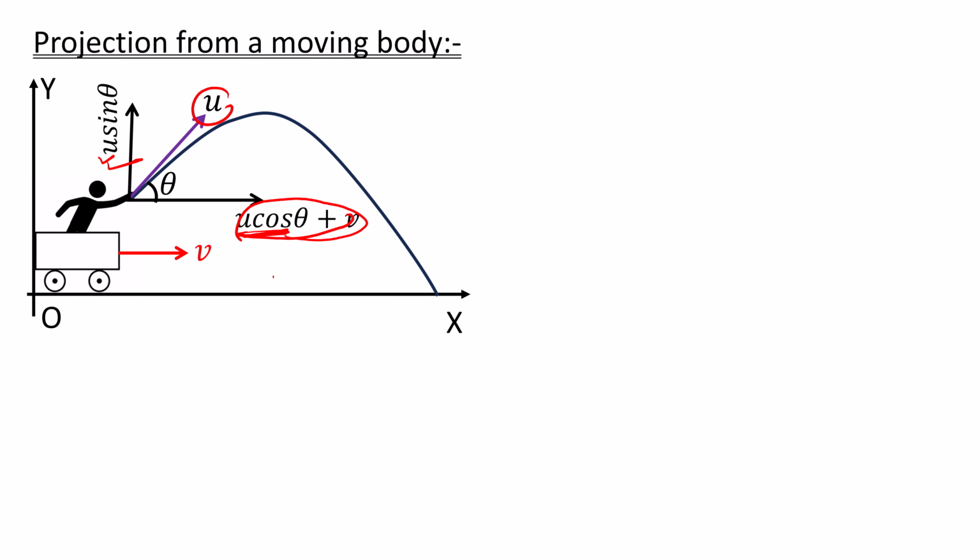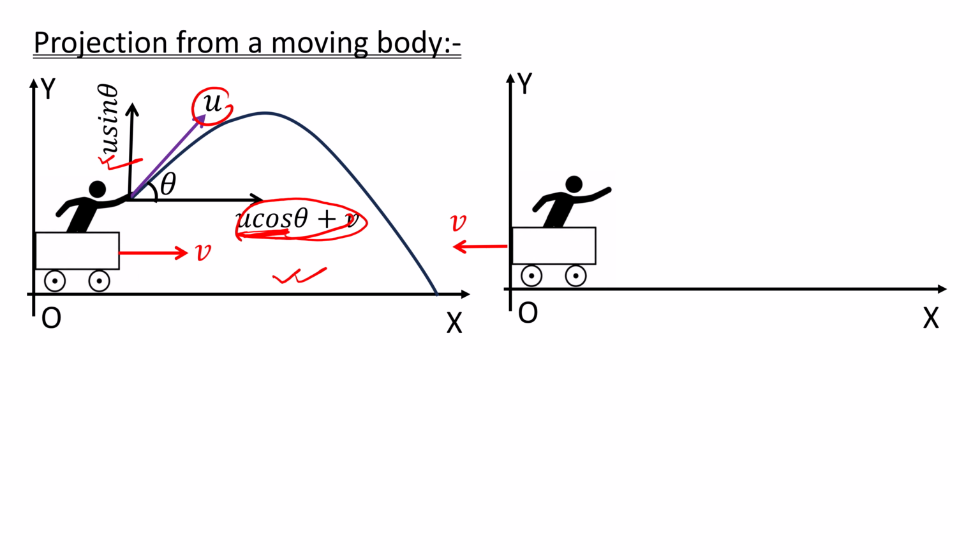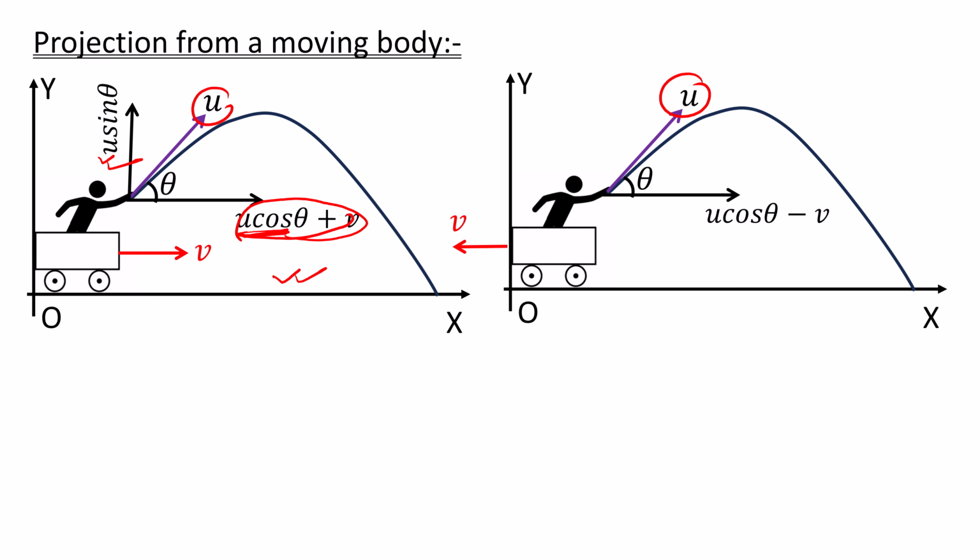We solve accordingly, applying the equations of motion as we discussed previously. Another case is where the trolley is moving in the opposite direction to that of the throw. The horizontal component is u cos theta for u, and minus v for the trolley. That's why the horizontal velocity for the projectile becomes u cos theta minus v, and the vertical velocity is u sin theta.